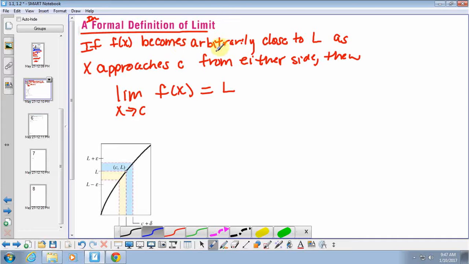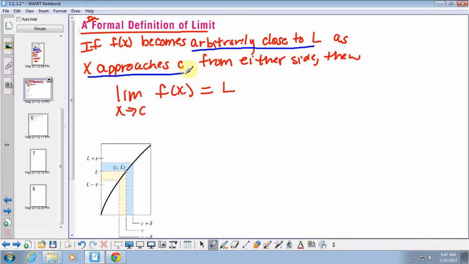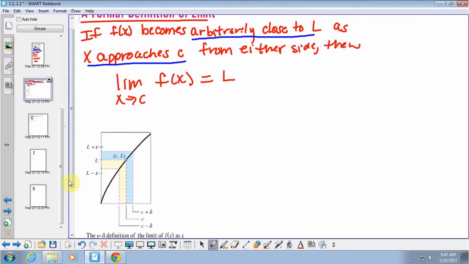F of x becomes arbitrarily close to L as x approaches C. Now what in the world does that mean? Arbitrarily close to L. So the limit as x approaches C of f of x.